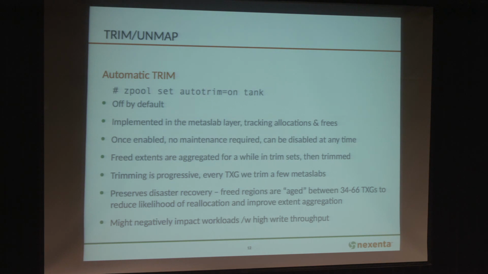It preserves the ability to recover from disasters, so in case you need to do a zpool import -F, you can do that for between 34 and 66 transaction groups into the past. Otherwise, if we did it right away, as soon as your blocks fell off the deferred list, you would not be able to recover them anymore.